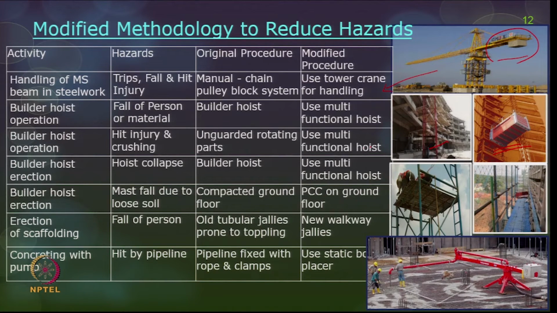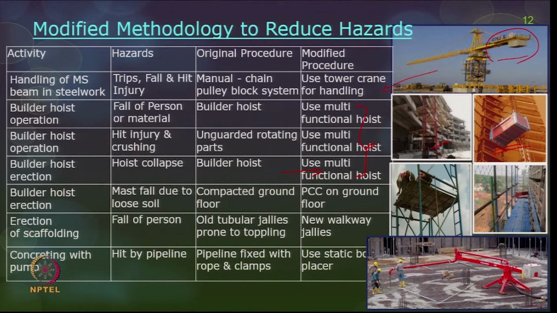Again the suggestion is to use a multifunctional hoist. Builder hoist erection process: during erection you may have a hoist collapse. The original procedure was with the builder hoist, and the modified procedure suggests using a multifunctional hoist. So, all the 3 hazards can be eliminated when you shift the procedure of the work itself.